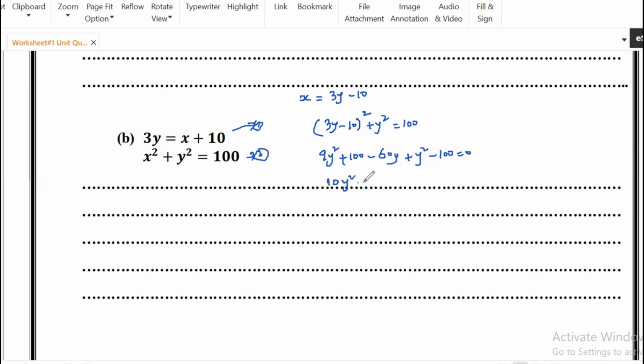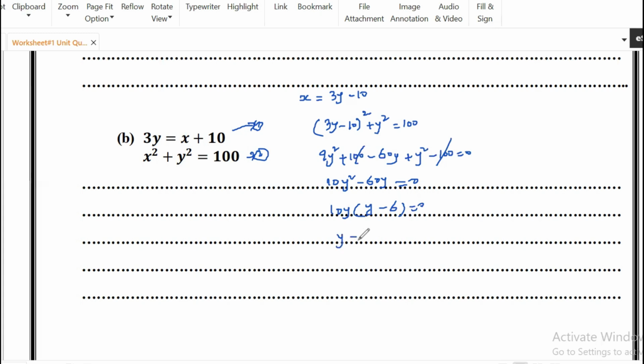And we have minus 60y. After that, we have plus 100 minus 100 becomes 0. It means we can easily solve without using completing square or the quadratic formula or proper factorization. Here we also factorize, but we have two terms.